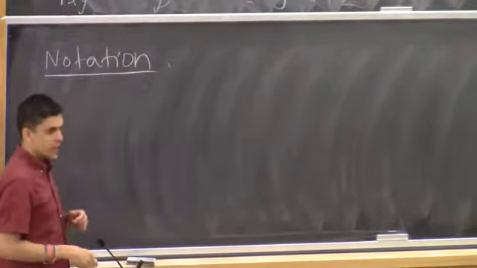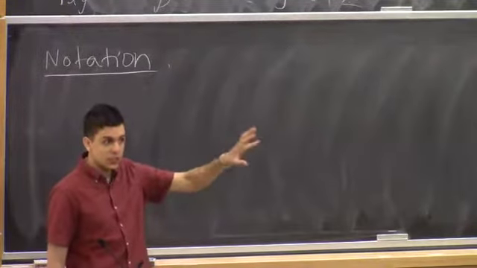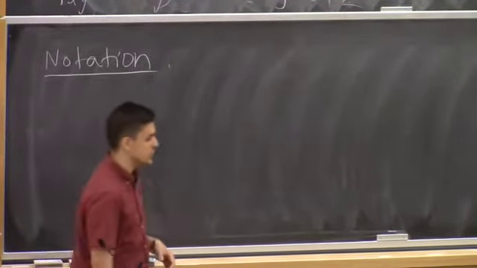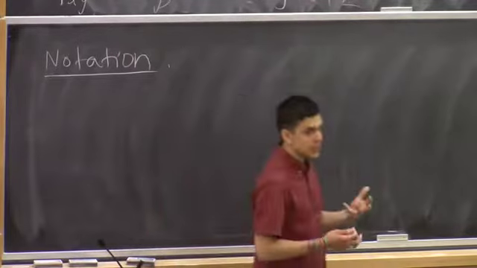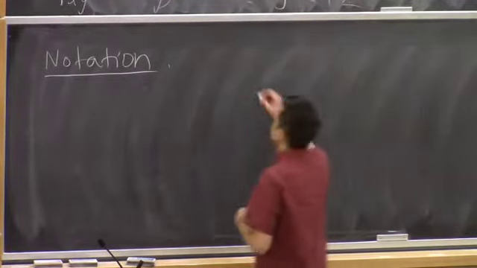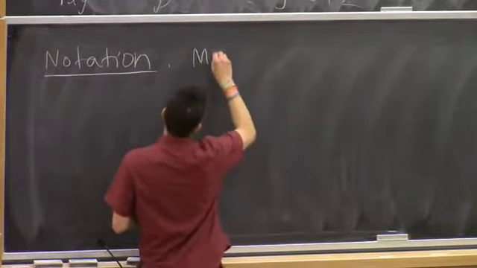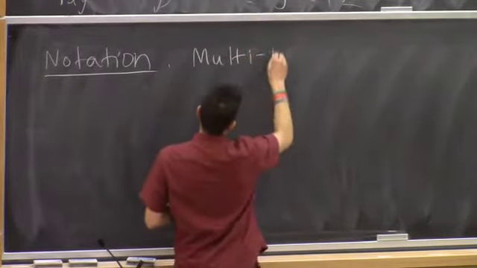Okay, and these are not used in our textbook. So this is sort of a special presentation of it. I recommend reading the textbook for an alternative presentation of this. But I think this is the nice way to state what's going on. So these are what are called multi-indices.